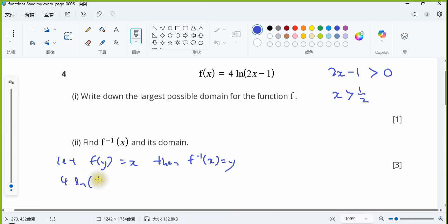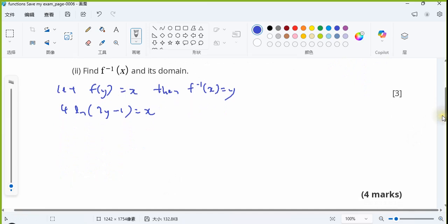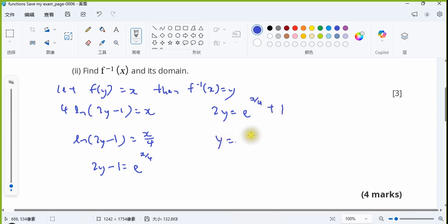Then 4 ln(2y - 1) = x, then ln(2y - 1) = x/4. 2y - 1 is e to the power x/4. Then 2y is e^(x/4) + 1. Then y is (e^(x/4) + 1)/2. Therefore, the f inverse of x is (e^(x/4) + 1)/2.